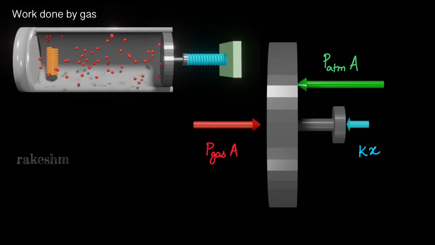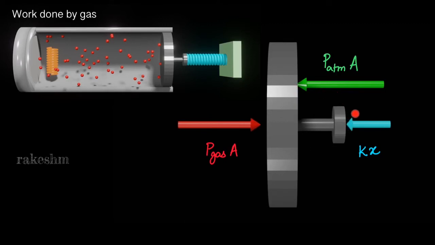During the process, the spring is getting compressed and the force due to the spring is increasing towards the left. You can see this force vector which is increasing in length. Next, the atmospheric pressure is constant, so the force due to atmospheric pressure on the piston is constant always.